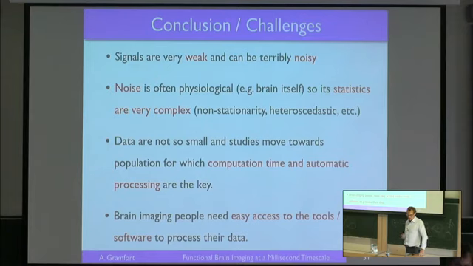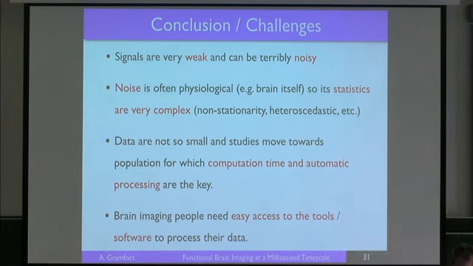And maybe one of the take-home messages of my slides, I'm sorry for people who have seen this before, is that I do a lot of software and open source tools because I see myself as a middleman in this community. I'm between the physicists and the neuroscientists. I try to do algorithms, so the physicist gives me data and I give software to the neuroscientists that have no idea what a block coordinate descent algorithm is. All they want is software that they can use and that makes figures that they can publish.